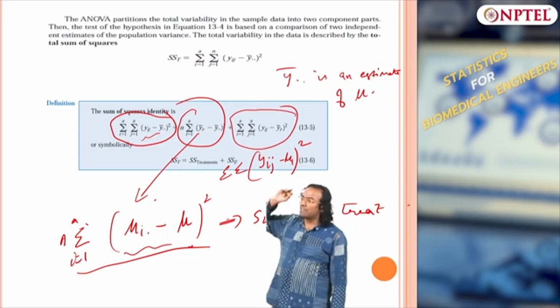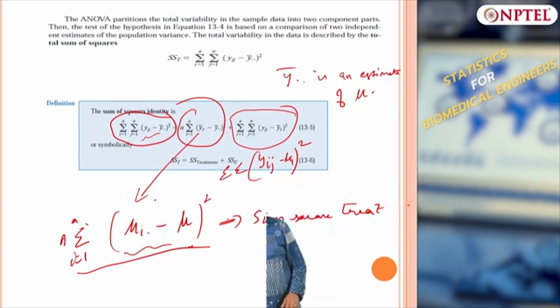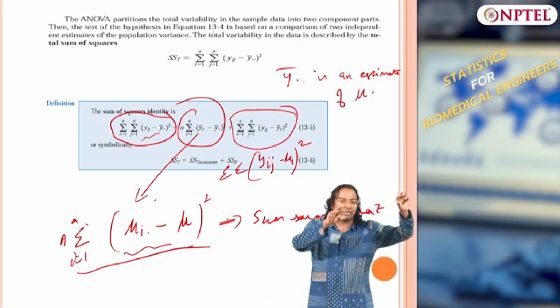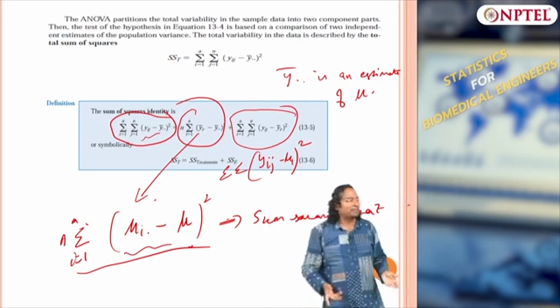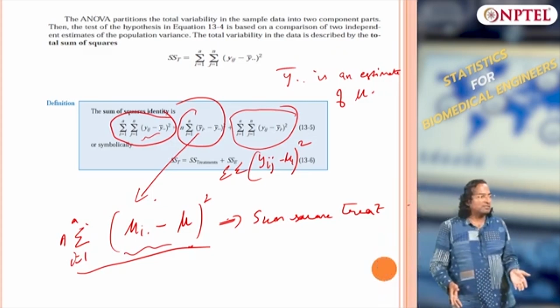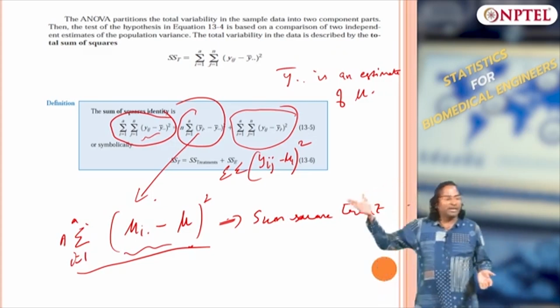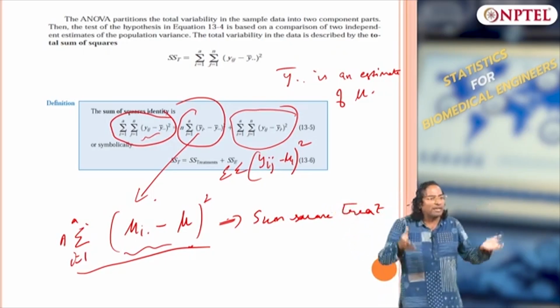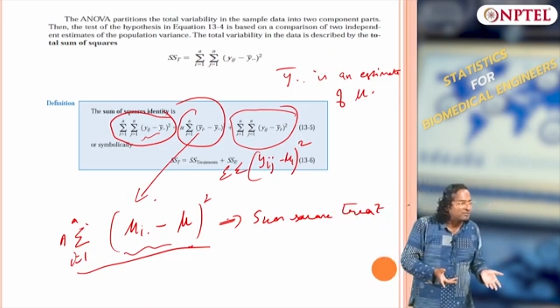Because this is the variation of the individual data point from the treatment mean. The first one is the difference between the treatment mean and the grand mean, which is mainly due to the difference in the treatments, and the difference between the data point and that particular treatment mean is because of individual variations, that is nothing but my noise, right.